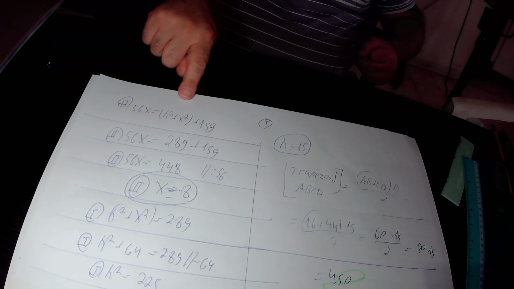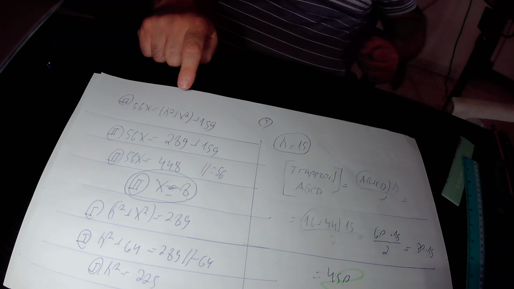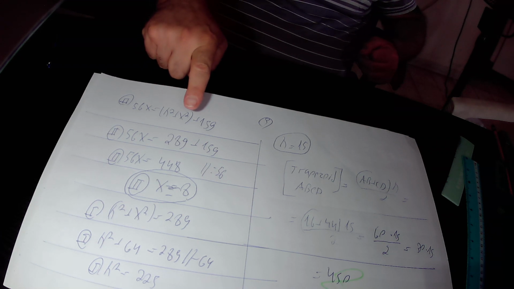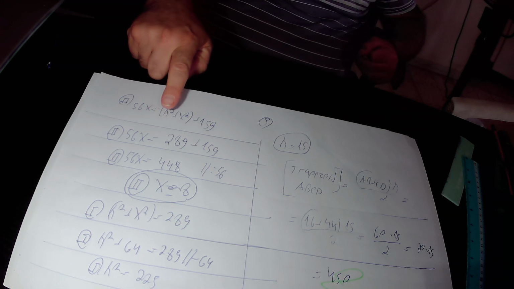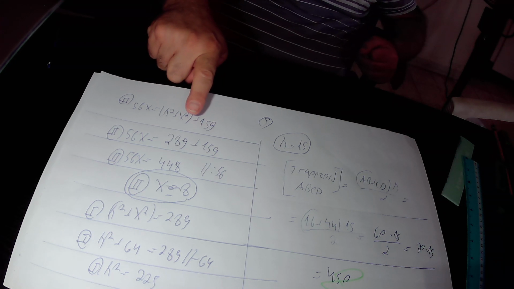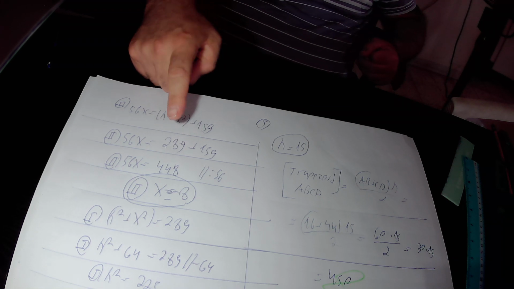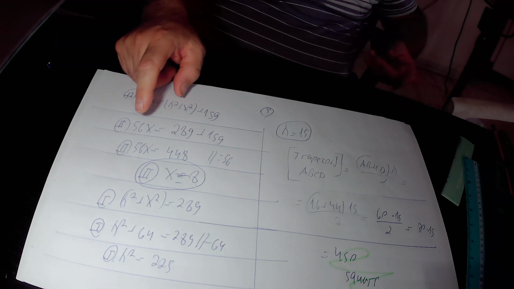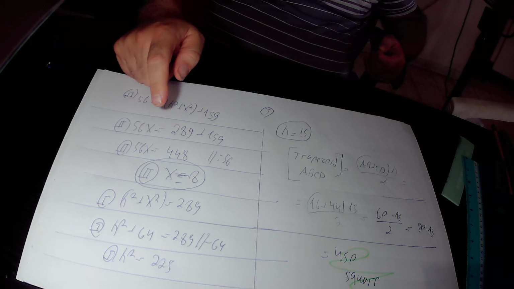We did it, and we found out that 56x equals 289 plus 159. 289 plus 159 is equal to 448. So in total we found out that 56x equals 448.